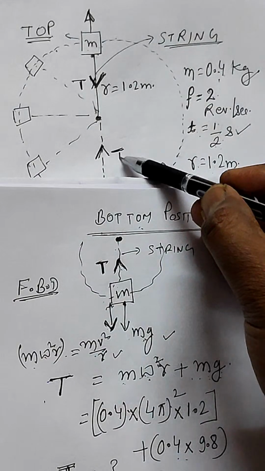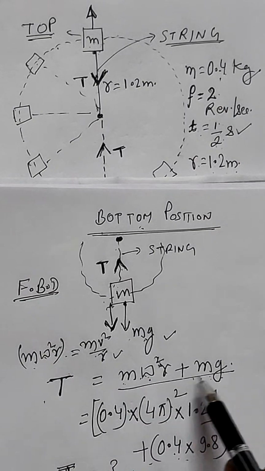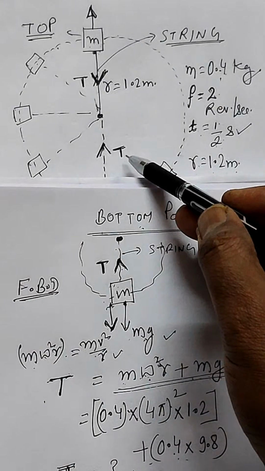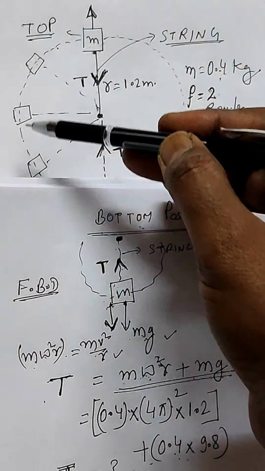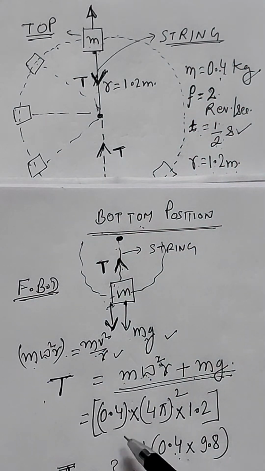So m omega square r plus mg will be the tension in this string when the mass is at the bottommost position. Just do the simple arithmetic calculation, and this will give your answer.